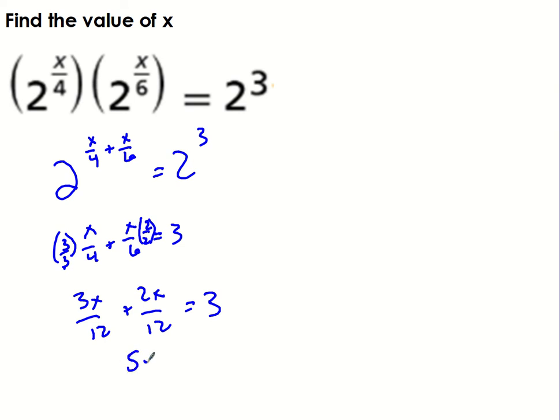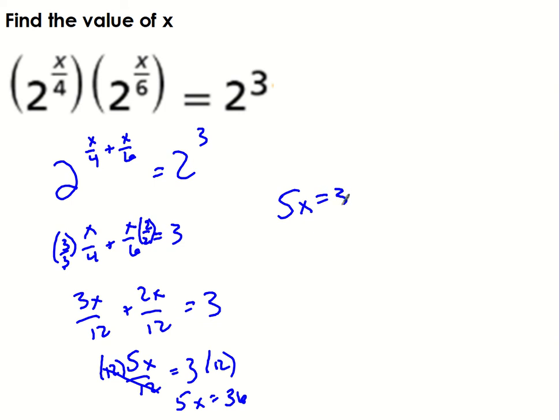I'll get 5x over 12 equals 3. I'm going to multiply both sides by 12. 5x equals 36. So now that I have 5x equals 36, I can just divide by 5. That's going to give me 7 1/5, which is 7.2.